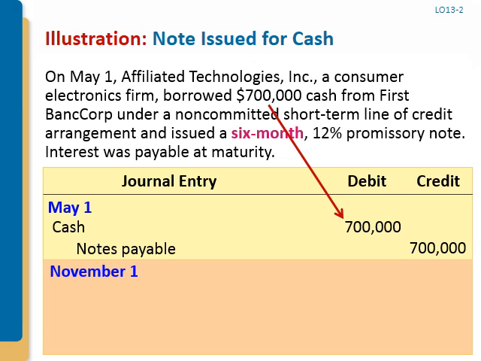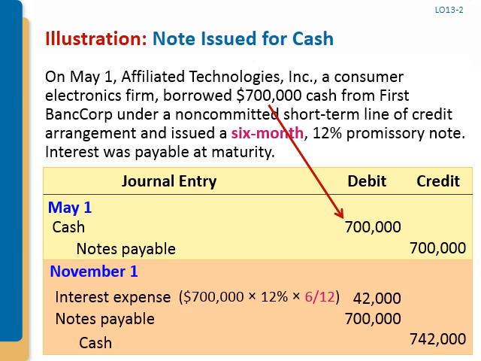Therefore, the amount of interest equals $42,000 for the period of 6 months. As the note is collected on November 1st, we reduce the liability by debiting notes payable for $700,000 and crediting cash for the total amount of $742,000. And this is found in illustration 13-3.